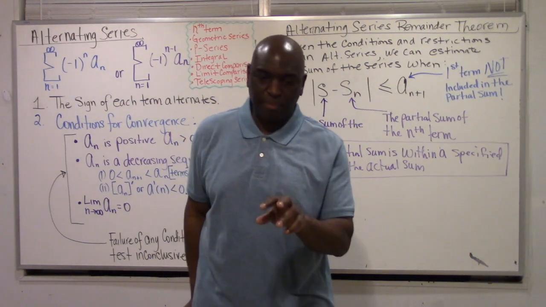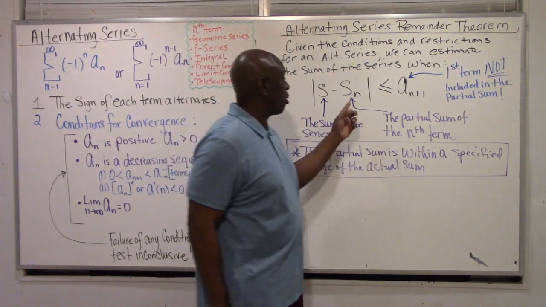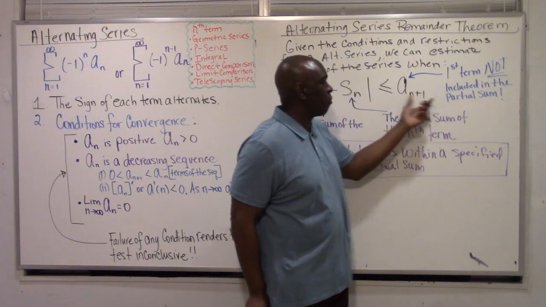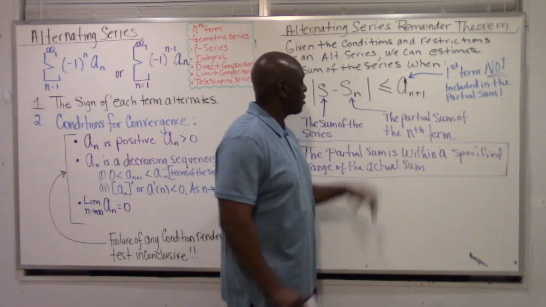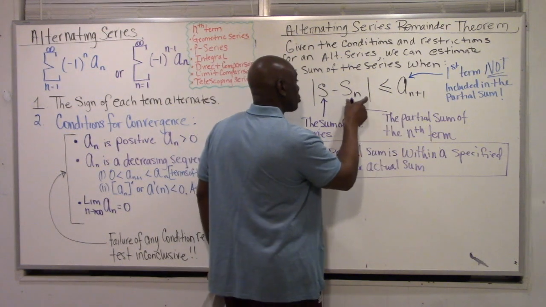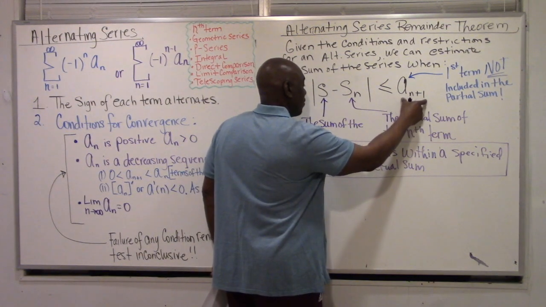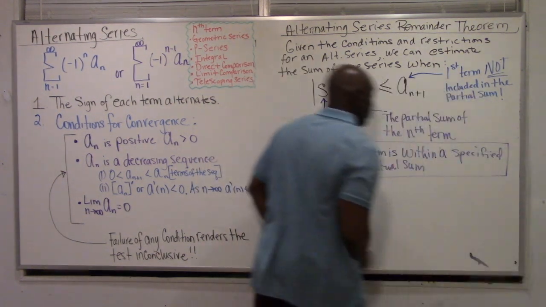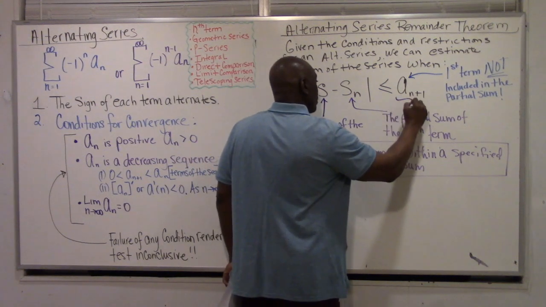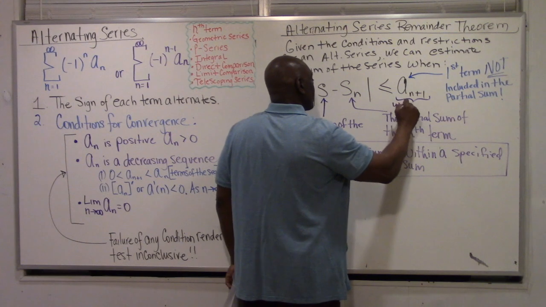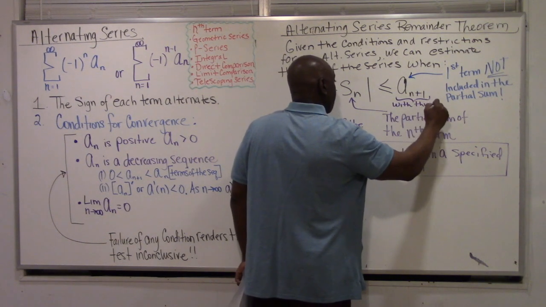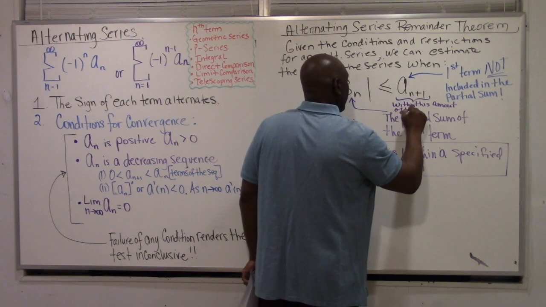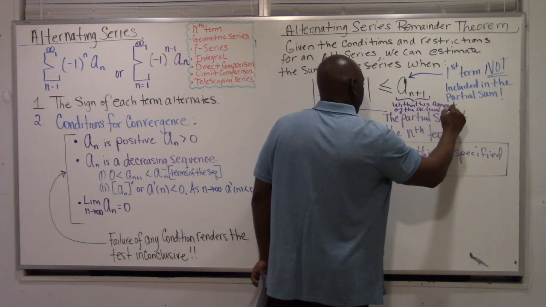But the nth partial sum, along with the first term not included in the partial sum, tells you that the partial sum is within this amount of the actual sum.